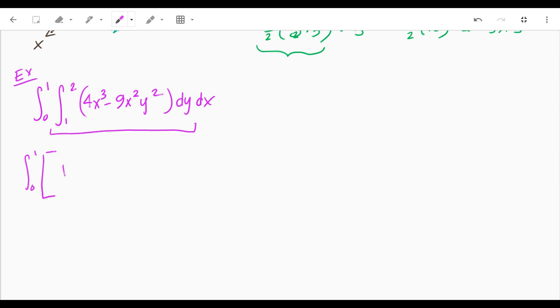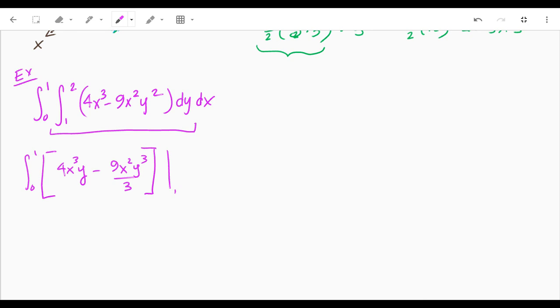If we're integrating it, then we have 4x cubed y. Okay, now we're integrating a y squared term, so we're going to bump it up to a y cubed and then divide by 3. Okay, so we'll have 9x squared y cubed over 3. And we are going to evaluate that from y equals 1 to y equals 2.